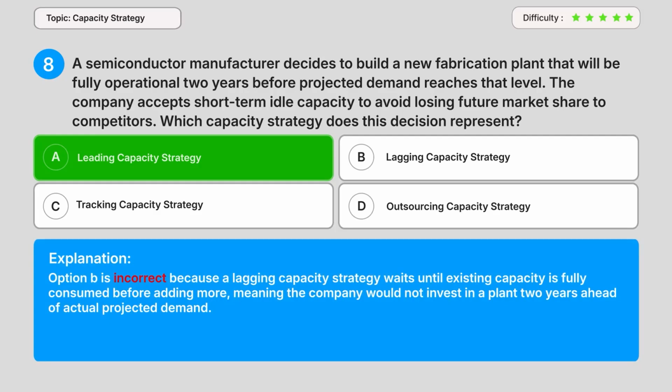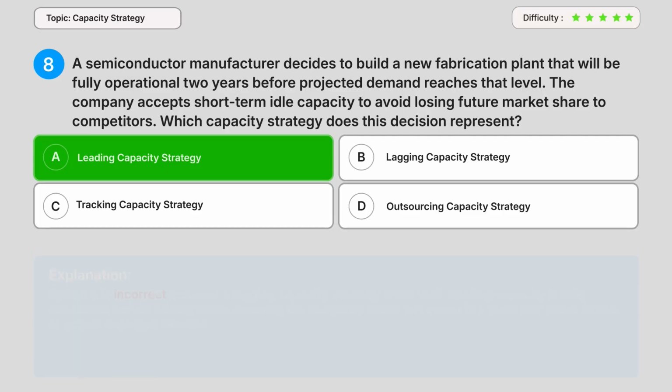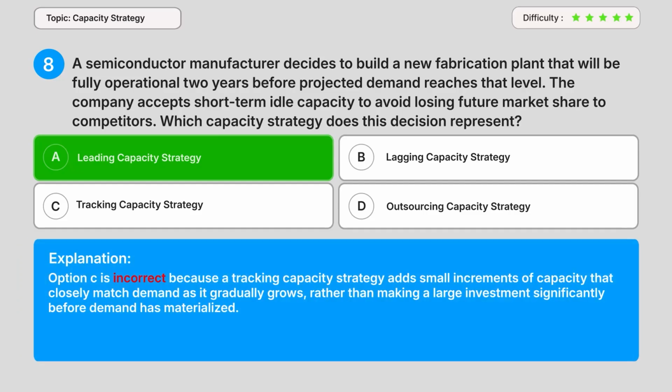Option B is incorrect because a lagging capacity strategy waits until existing capacity is fully consumed before adding more, meaning the company would not invest in a plant 2 years ahead of actual projected demand. Option C is incorrect because a tracking capacity strategy adds small increments of capacity that closely match demand as it gradually grows, rather than making a large investment significantly before demand has materialized.